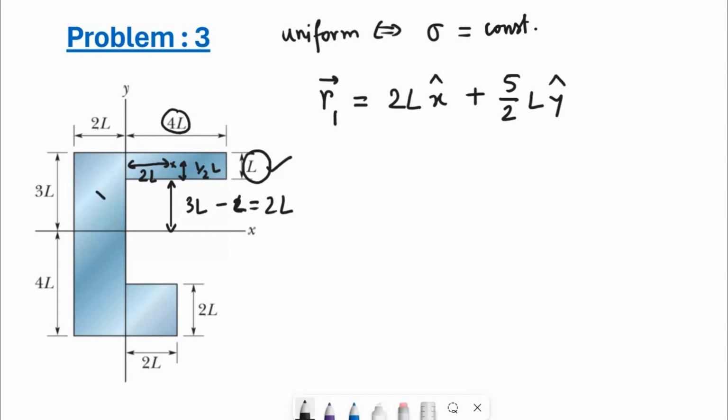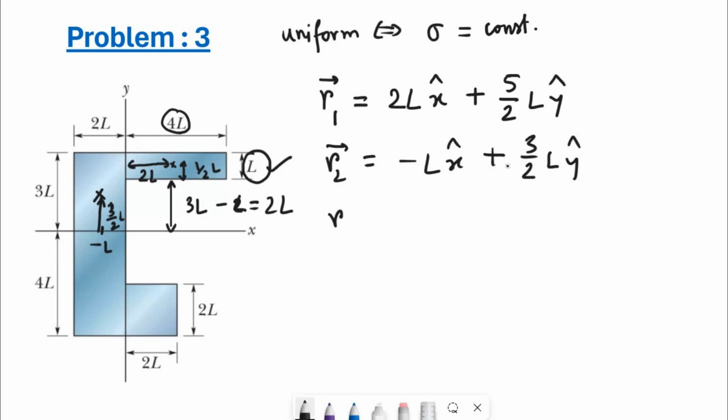The second one is in here, so it's going to be negative L along the x-axis and 1.5 or 3 by 2 L along the y-axis. So R2 is going to be minus L x hat plus 3 by 2 L y hat.